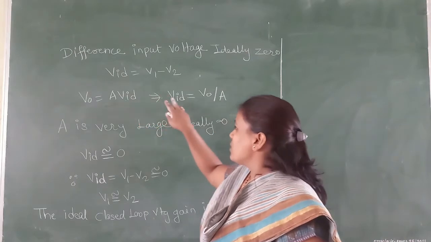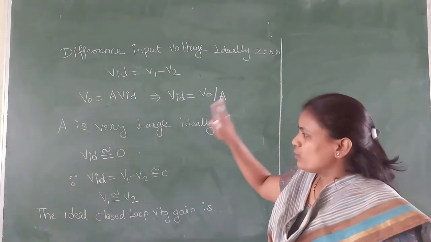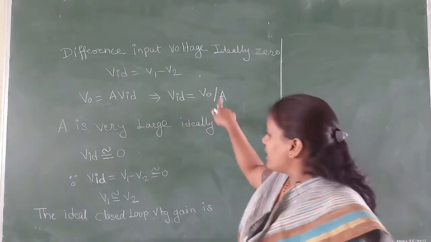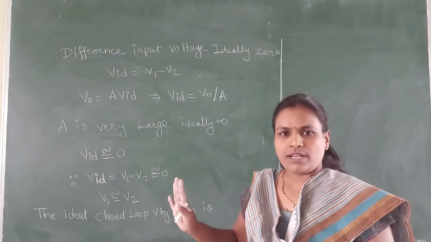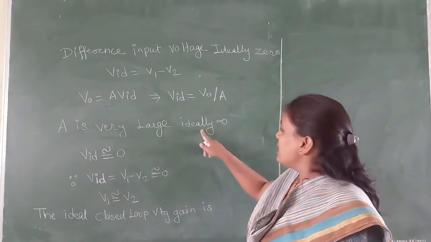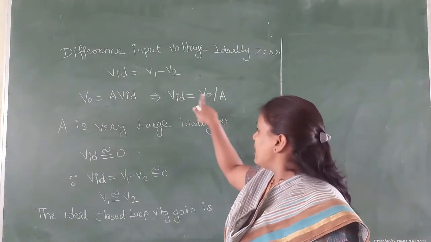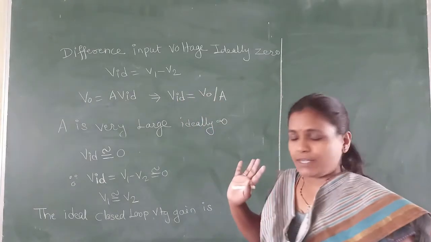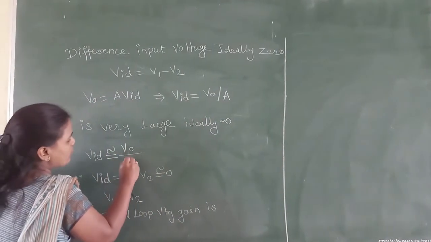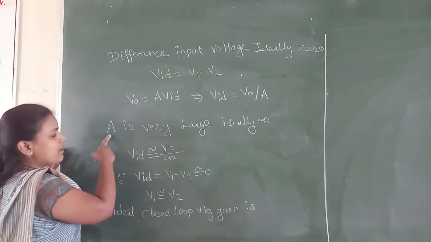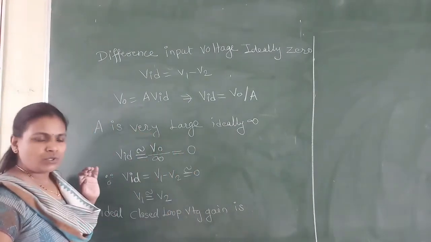So from this equation we can write VID is equal to V0 by A. We know that the open loop gain A is very large, ideally infinite. So when we consider A ideally infinite, my differential voltage VID is V0 divided by infinity, which is approximately equal to 0.